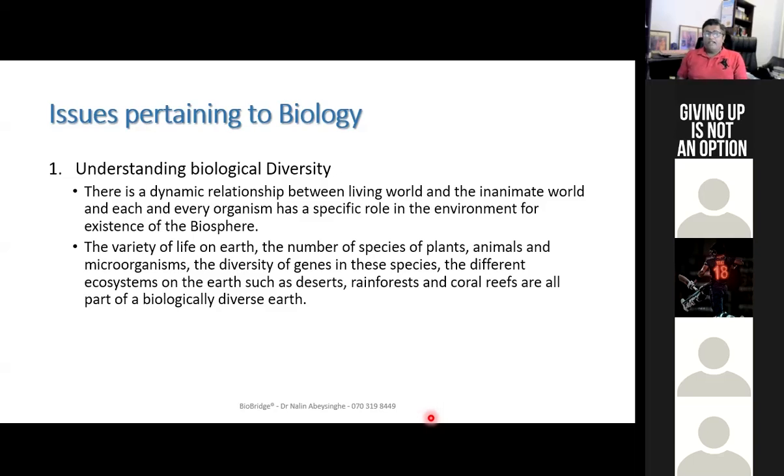They have a dynamic relationship on the run, a very live relationship. They interact with each other every time. There is no instance where there is no interaction between the living and non-living. It's always connected. They take things, they give things.